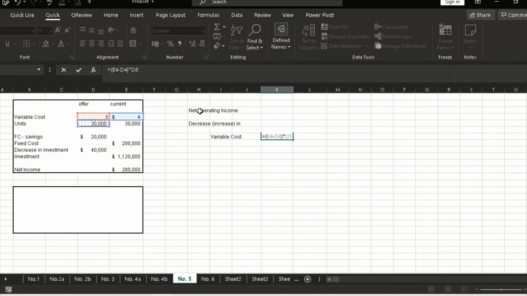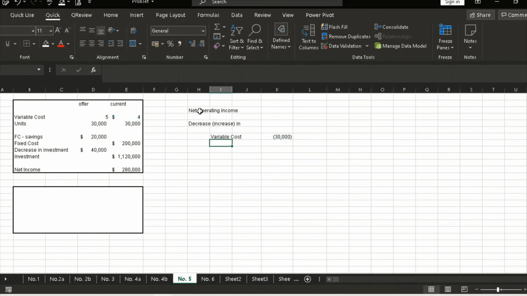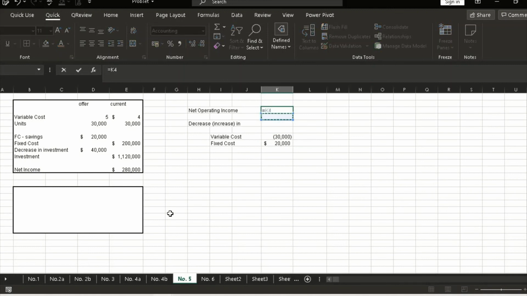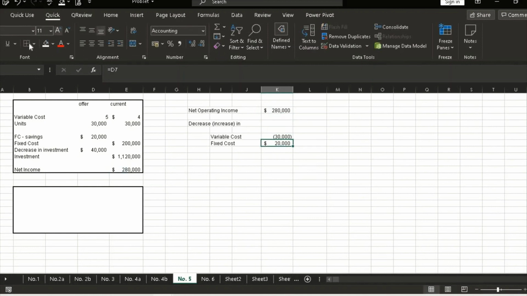And at a level of 30,000 units produced in a year, we will have an increased variable cost of 30,000. And for the fixed cost, it is already given in the problem that we will have savings of $20,000. And for the net operating income, it was computed earlier that we will have $280,000.